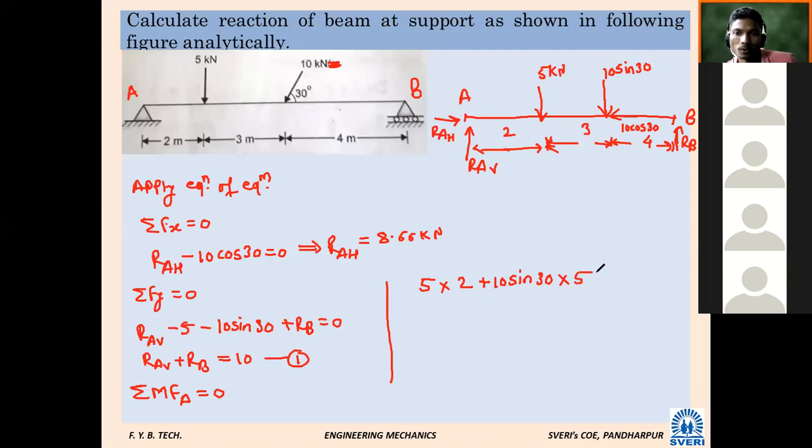Due to RB, the moment will be minus RB into the distance, which is 3 plus 9, 9 meter, equal to 0. So what is RB?